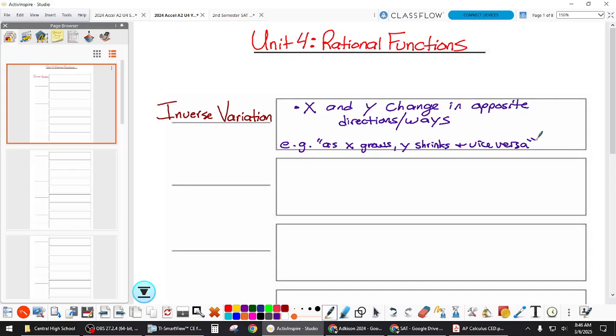Okay, again, can everybody pause before you write that? I want you to clarify something. I'll give you time to write it. As x grows, y shrinks. I don't want you to think of it like just a downhill linear function, because you could say x is getting bigger and y is getting smaller, but it's getting more towards the negative.